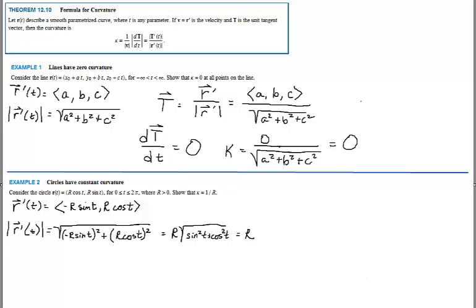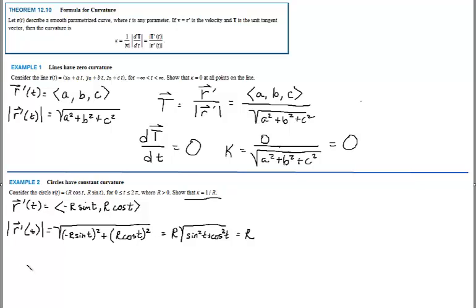For our next problem, I just carried on with what we were doing before. They're wanting me to show what the curvature equals. So I did just as I did in the first one. I found the derivative of that position vector and then the magnitude of that, and found that to be r.